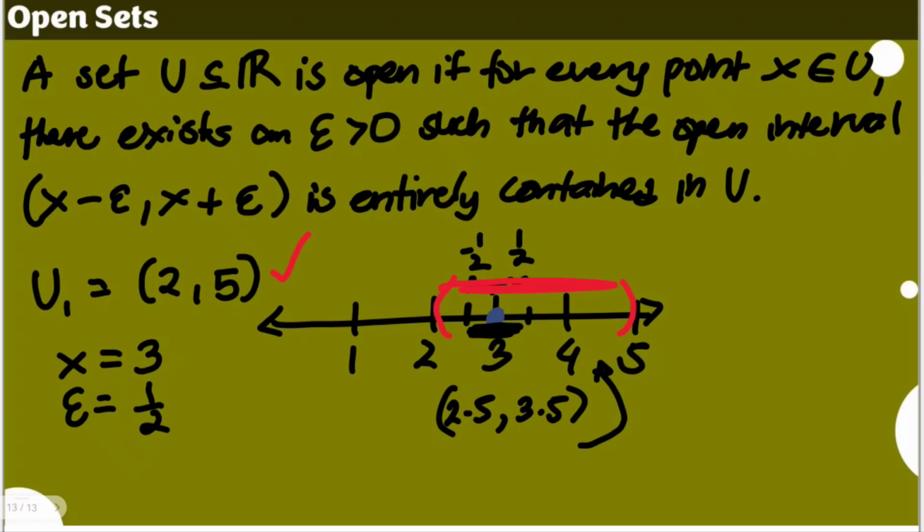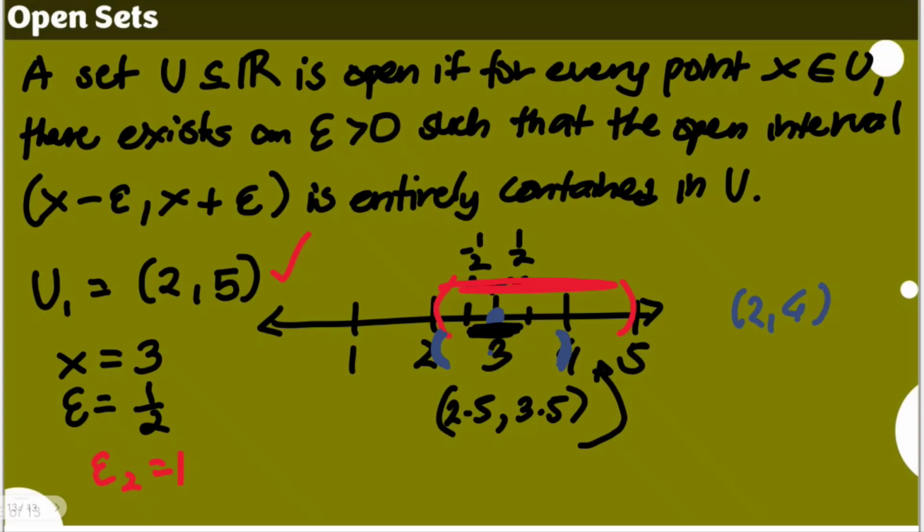And take note, as long as we were able to identify an epsilon, that is okay. What if our epsilon sub 2 is equal to 1? Is it still included here? If we have 3 minus 1 and 3 plus 1, you will have the open interval 2 to 4.